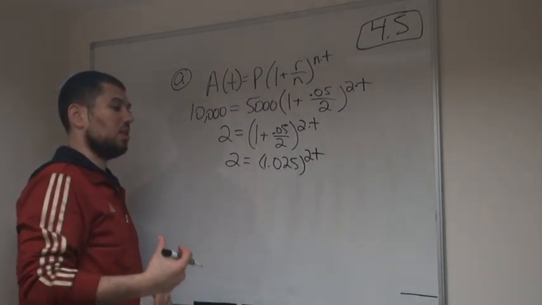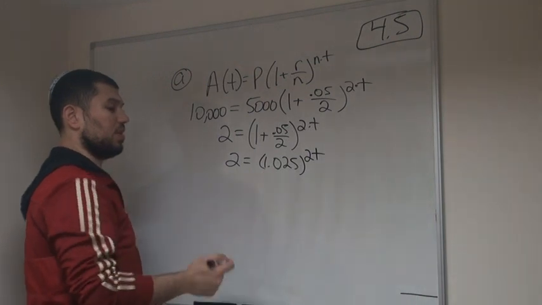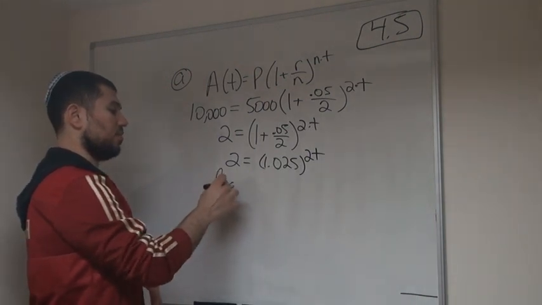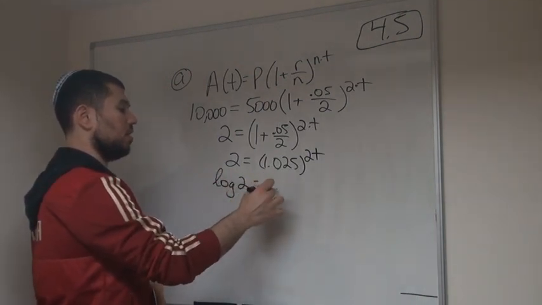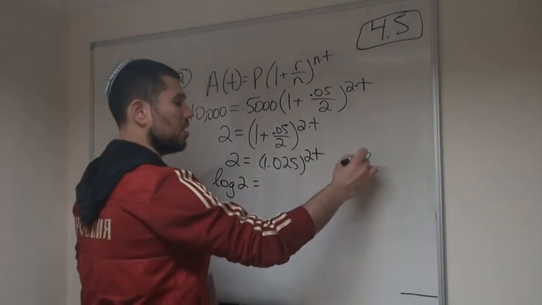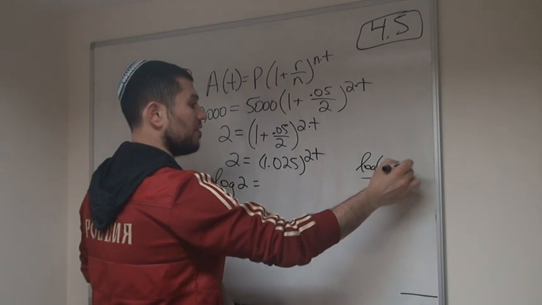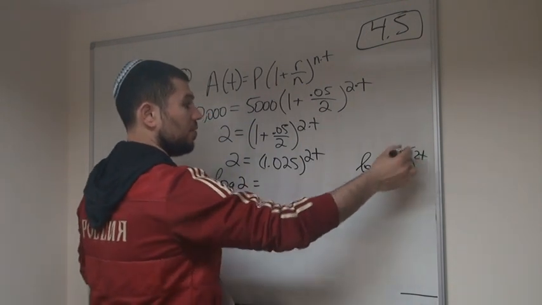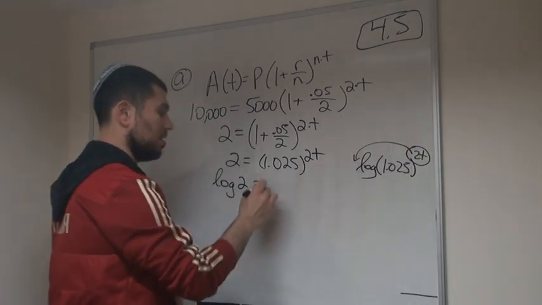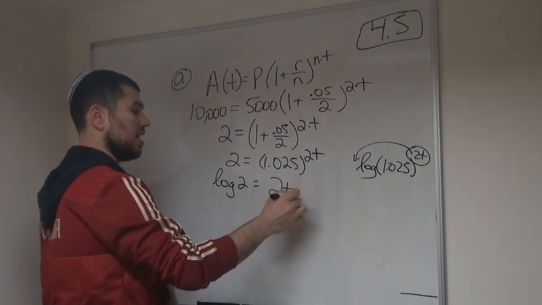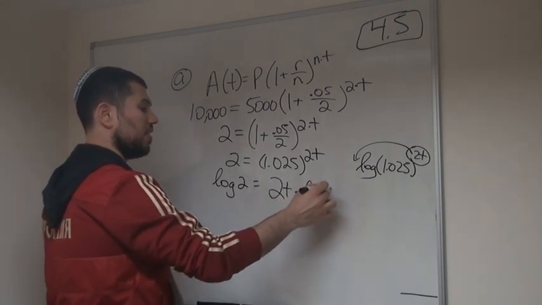Again, how do I solve for t? Well, we learned that to solve an exponential equation, I'm going to use logs. Take the log of both sides. Log of 2 is going to equal the log of 1.025 to the 2t. So I can bring the 2t down, and I get 2t times the log of 1.025.